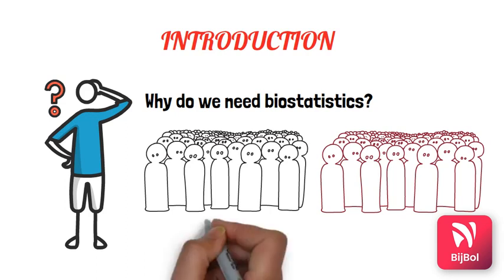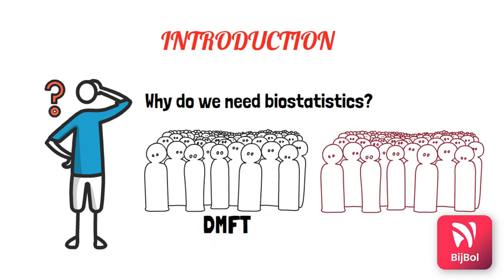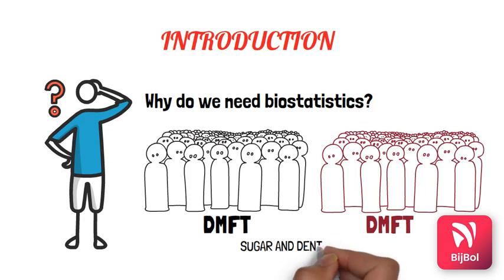You even can utilize it to know the significant difference between DMFT score among two groups. So whether there is any difference in the DMFT value between these two populations, that also can be obtained from biostatistics. To study the association relationship between two variables such as sugar and dental caries.